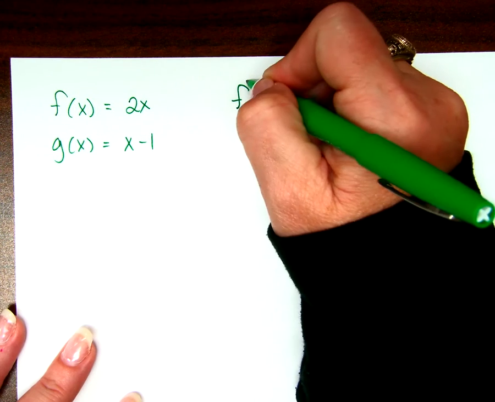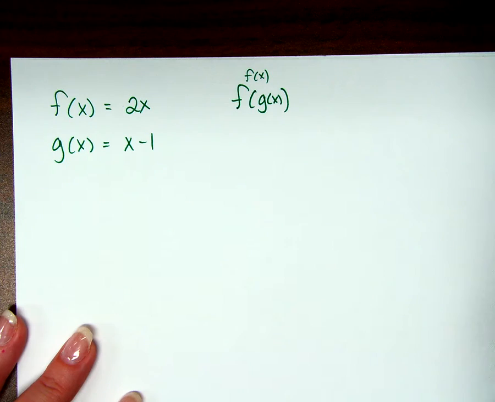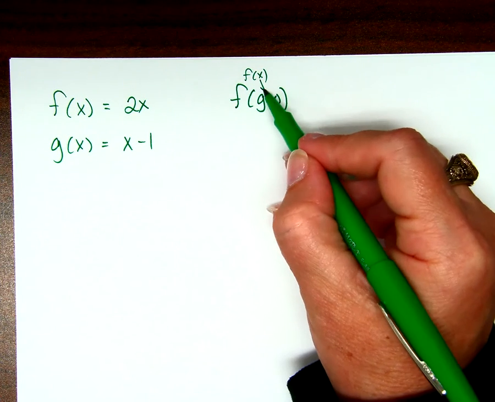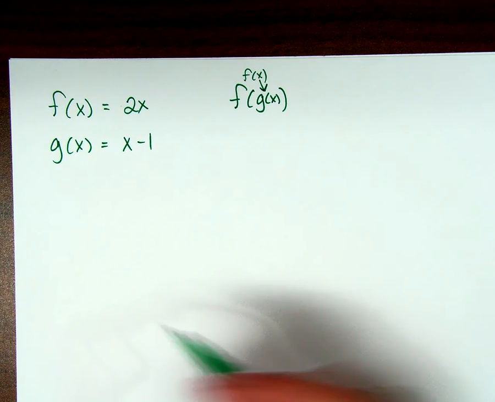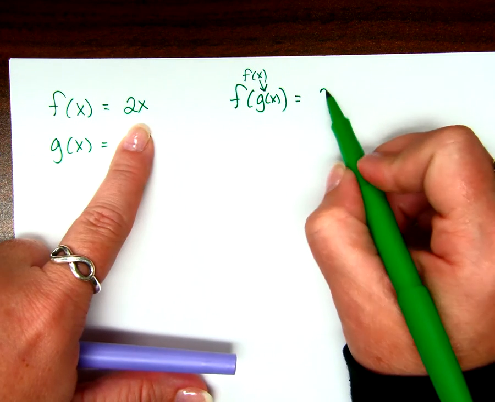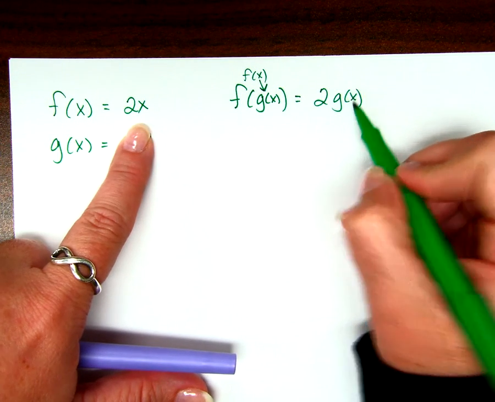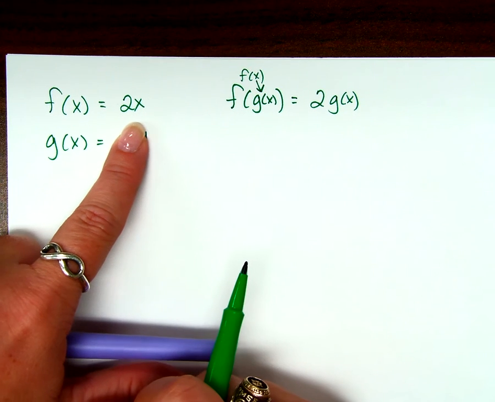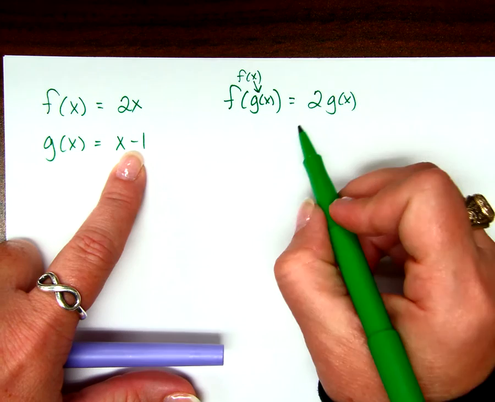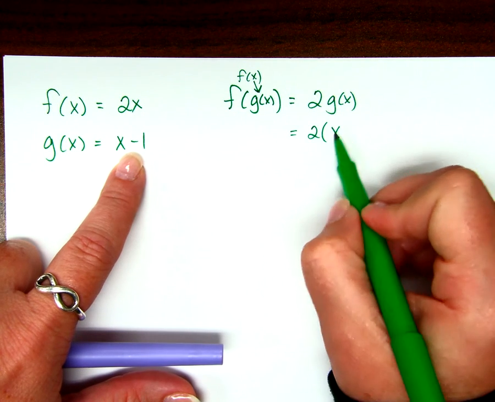Well, what I want you to remember is that this used to say f of x, right? That means anytime there's an x, what do we want to put in there? A g of x. So I'm going to start writing f, but instead of writing x, I'm going to write g of x. Does that make sense? Well, except I know what g of x is. I know g of x is x minus 1.